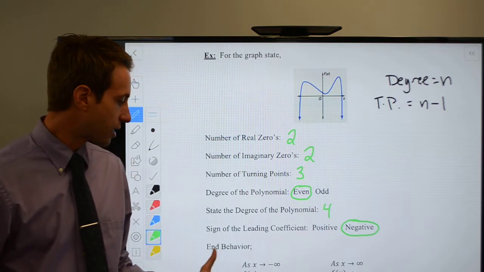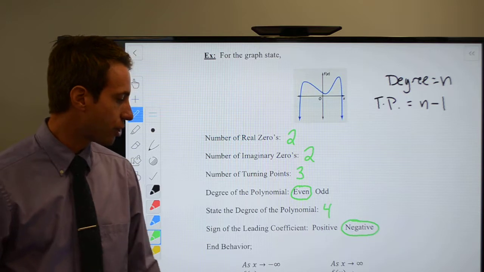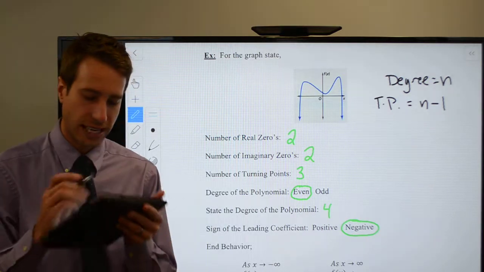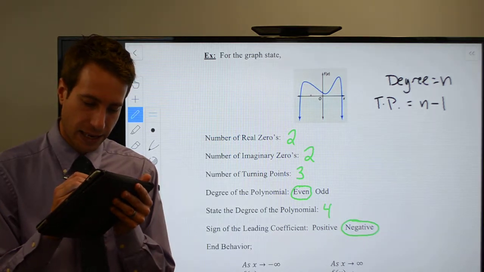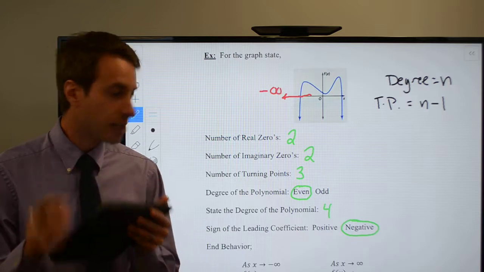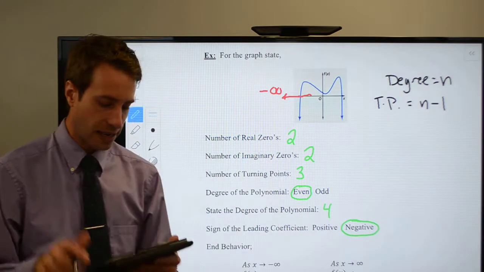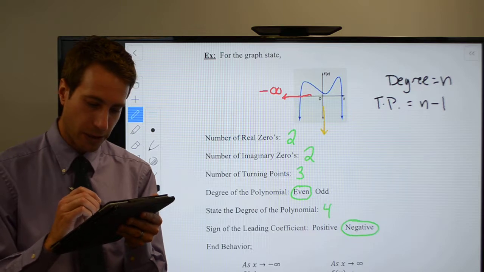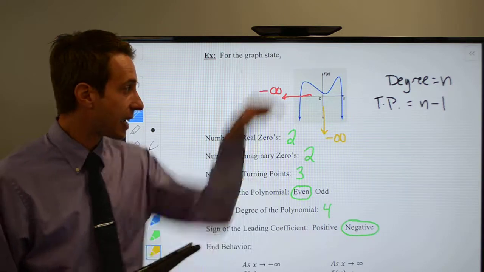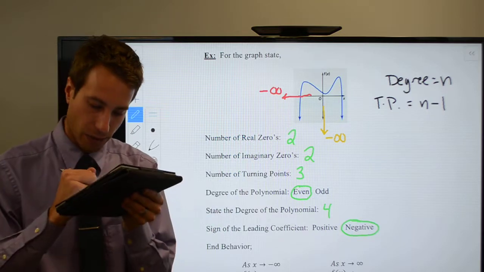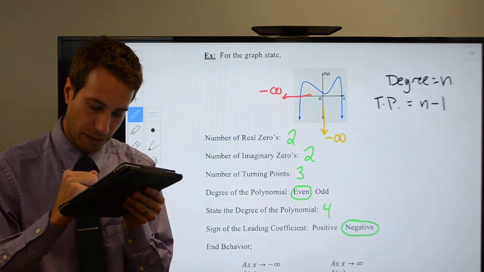The last thing I'm going to ask you to do is just give me a quick description of the end behavior. I want to know what happens to the function as x goes to negative infinity. As my domain heads out in this direction to negative infinity, what happens to my polynomial? Well, my polynomial is headed down, so I'm going to put negative infinity.